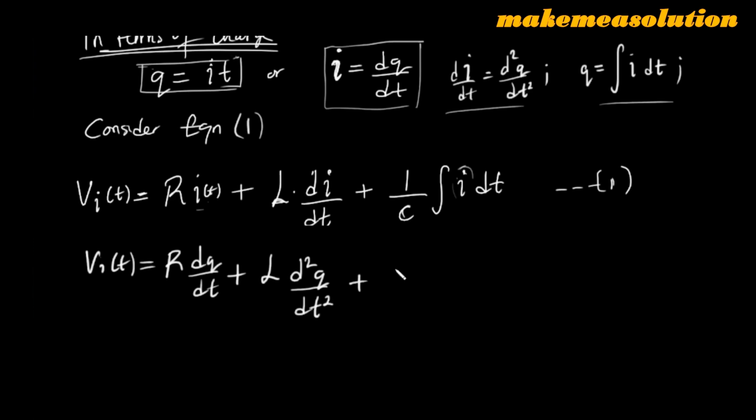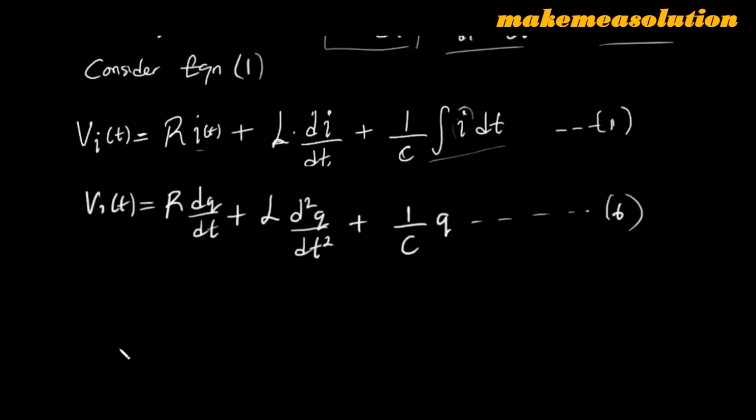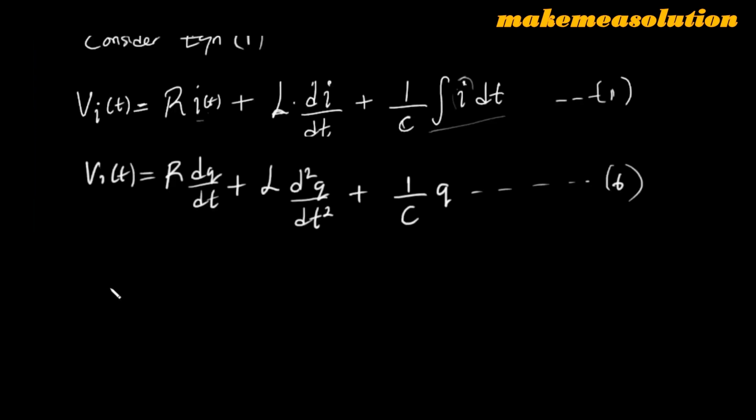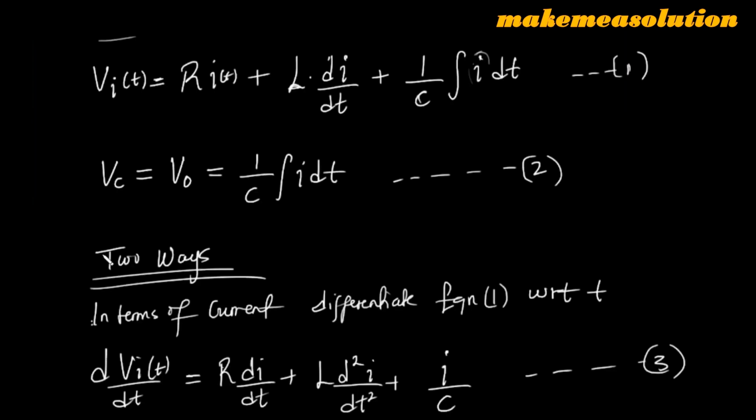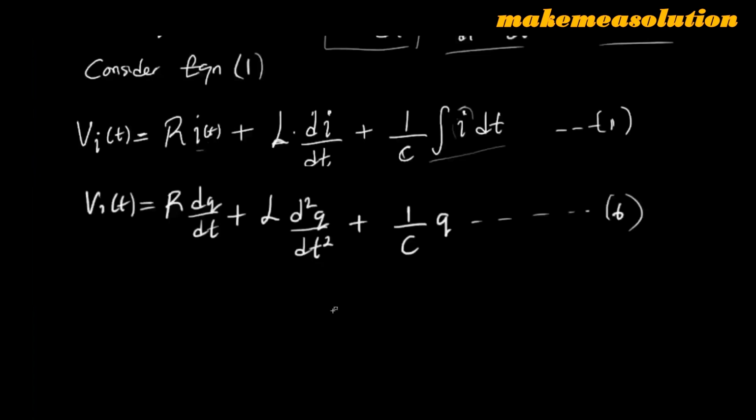Okay, then plus, instead of integral of I of t, we'll have 1 over c, then the integral of I of t is equal to q. So this is equation 6. So it's still the same thing that we had, making reference from this particular equation 2. So I'm going to copy equation 2, so that we'll just wrap it up.